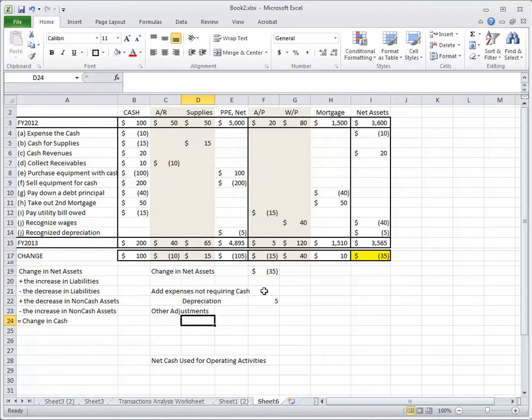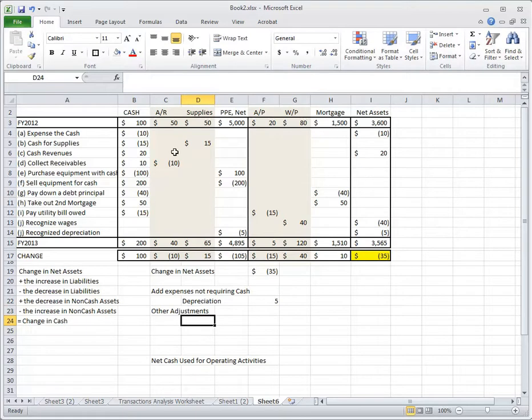And then we need to make any other adjustments for situations like this wages payable, this accounts payable where we paid down the accounts payable but it didn't affect cash, or where we cash out some accounts receivable but it didn't affect our revenues.